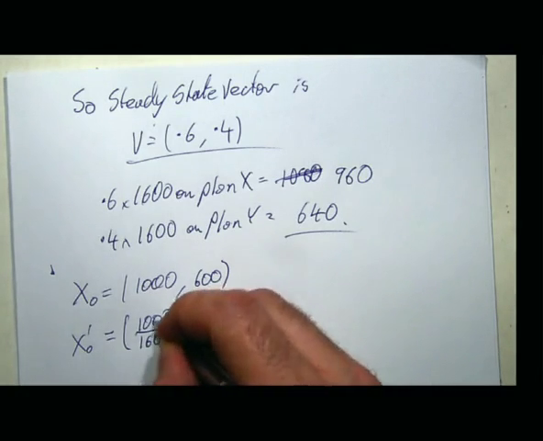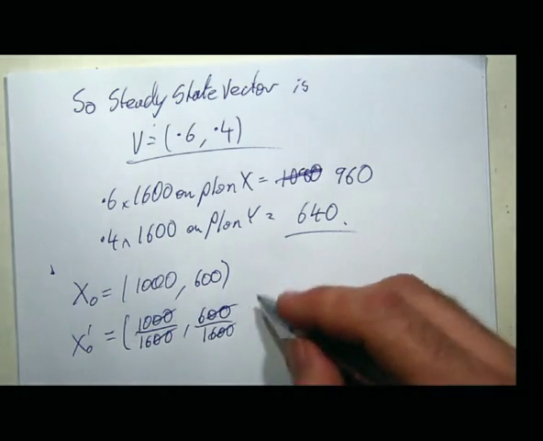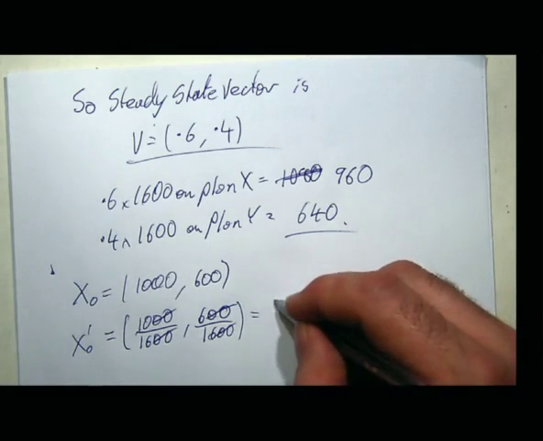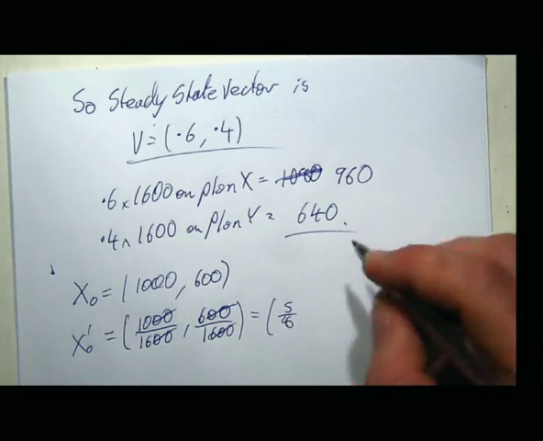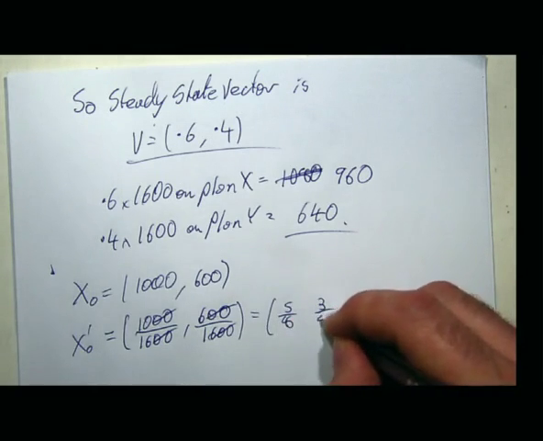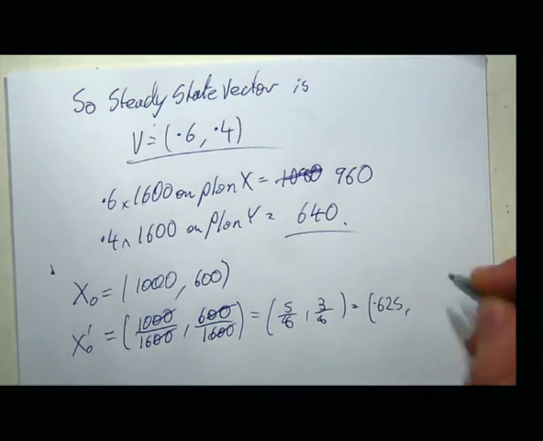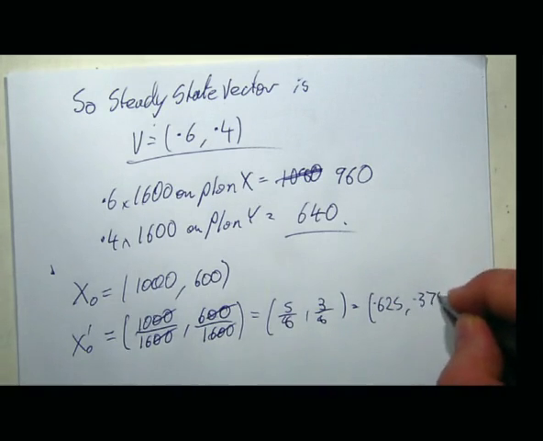So I'm going to get rid of my zeros. First thing we should always do is get rid of zeros because they suck. And this is going to get me 5 on 8 and 3 on 8, which is equal to 0.625 and 0.375.